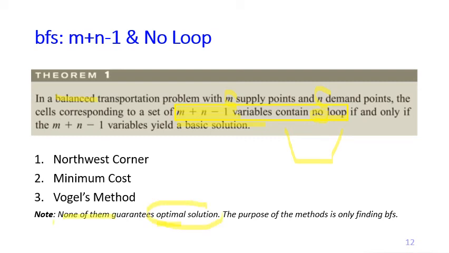Again, none of them, because the purpose of these 3 methods is simply finding basic feasible solutions. They don't guarantee an optimal solution, and that's not the purpose of these 3 methods anyway.